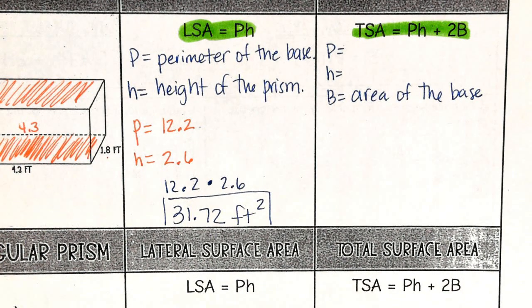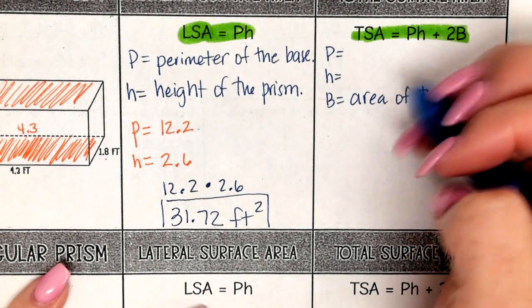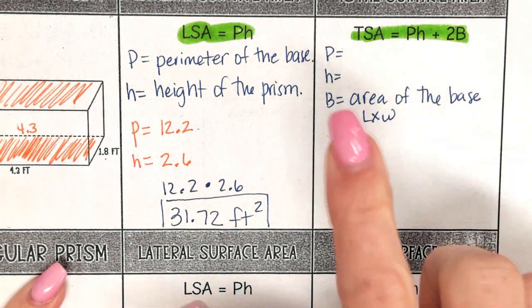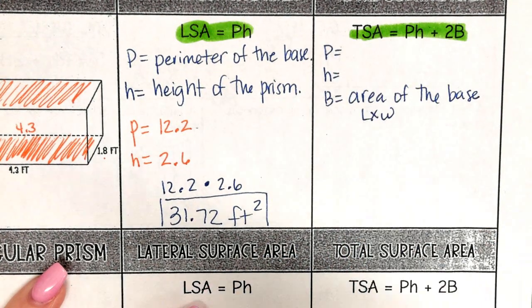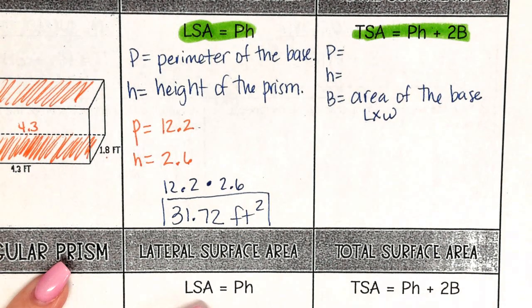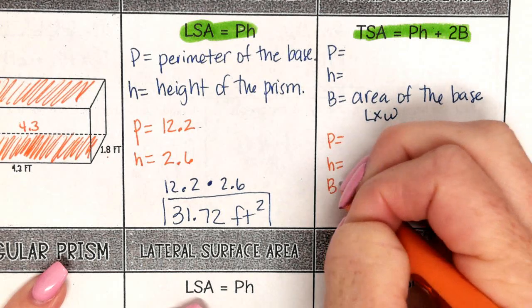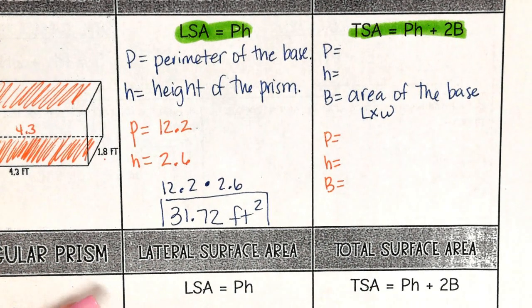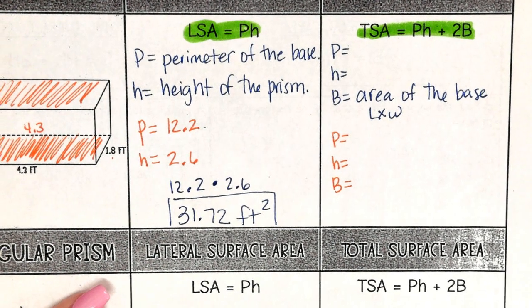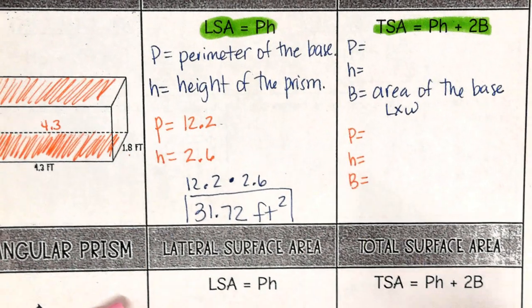How do you find the area of a rectangle? Length times width. So right here we're going to do length times width because the base is a rectangle. So I still need a P, an H, and a B. We already found the P and the H, but let's talk about it again just to make sure y'all stick it in your head.